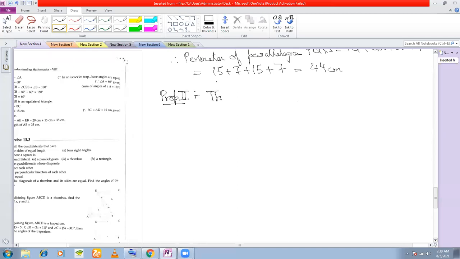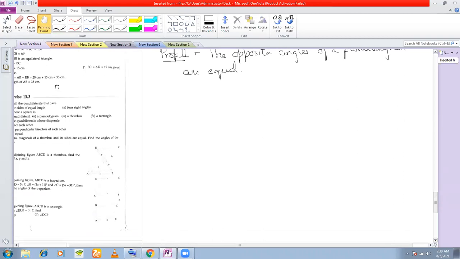The opposite angles of a parallelogram are equal. Now, what do you mean by this? Let's see what it means. You have a parallelogram.